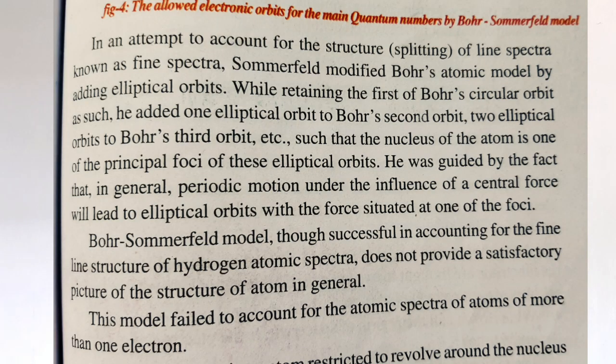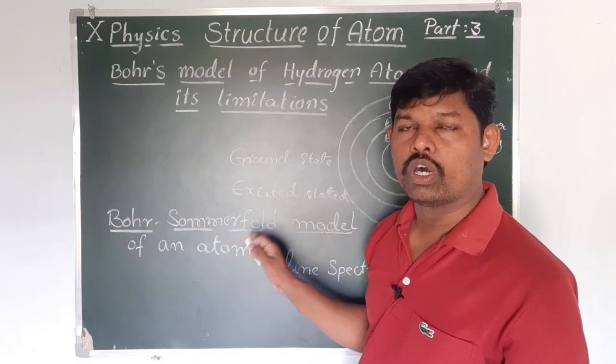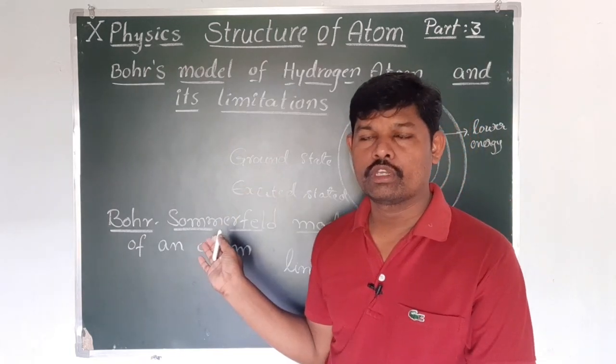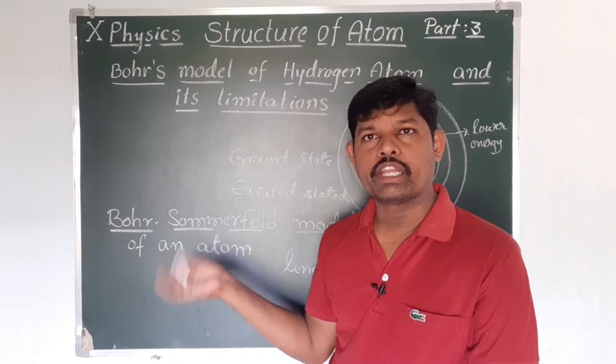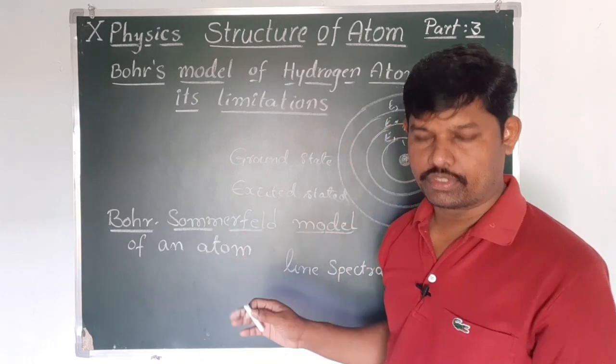The Bohr-Sommerfeld model, though successful in accounting for the line structure of hydrogen atomic spectra, does not provide a satisfactory picture of the structure of an atom in general. It is a successful model for the hydrogen atomic spectrum, but it failed to give a general structure for all atoms.